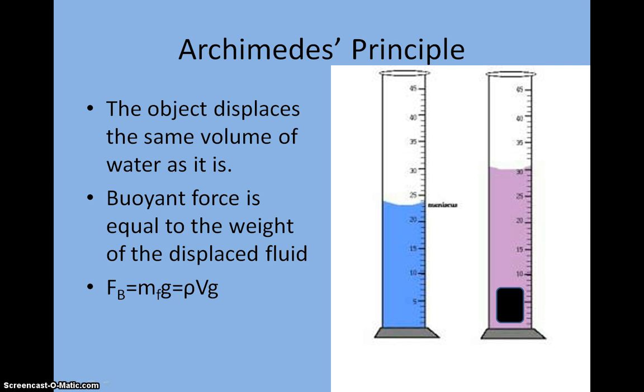So the density of the object, the mass of the object, really doesn't matter. It has to do with the fluid that is displaced by the object. And there'll be some questions like that on your classwork assignment.